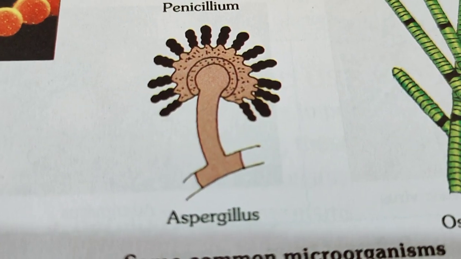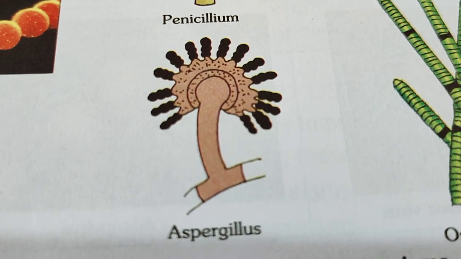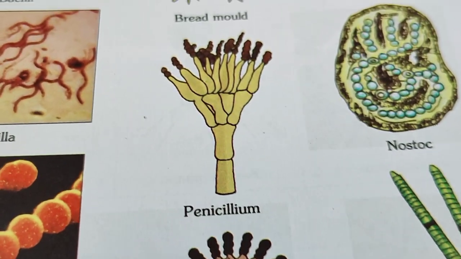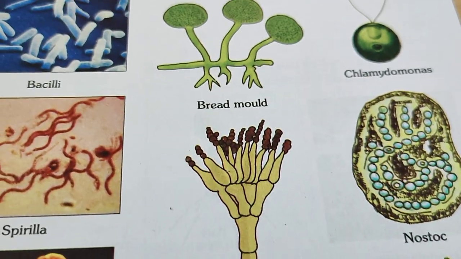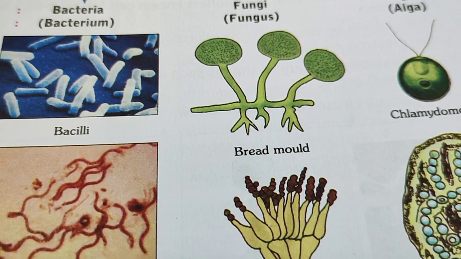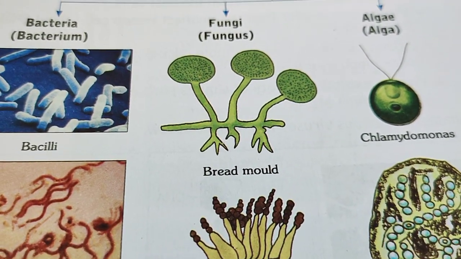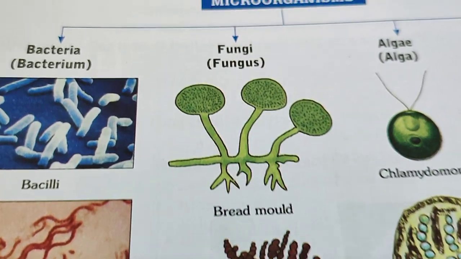The third image shows the fungus aspergillus. These are actually parts of the fungus, and please remember, these are microscopic structures. We cannot see them with our naked eyes. These are magnified views.